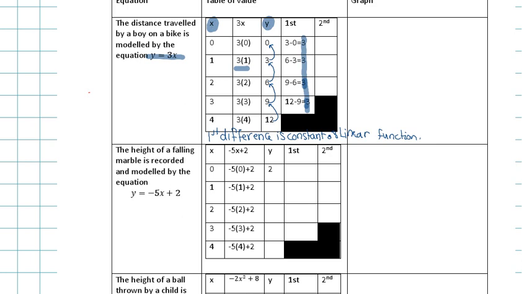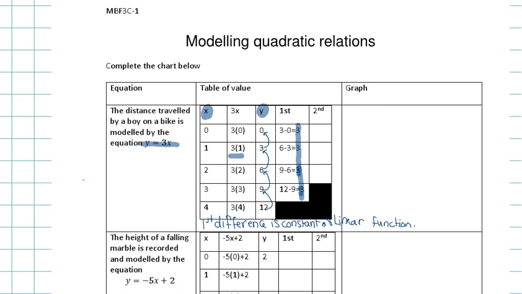So what we're going to be doing here, we're going to learn how to identify a linear function using 3 different things. We're going to identify a linear function by looking at the equation. How do I know that this is linear? Degree 1. So it's a linear function because it has a degree 1.